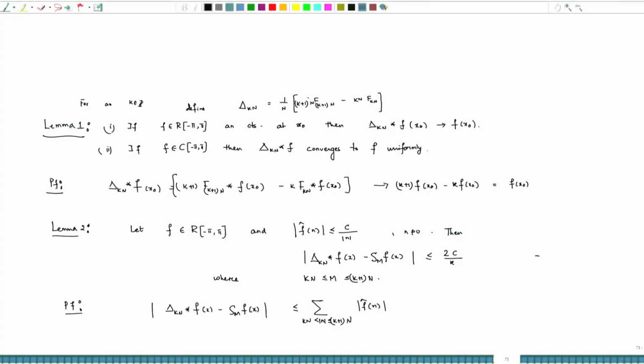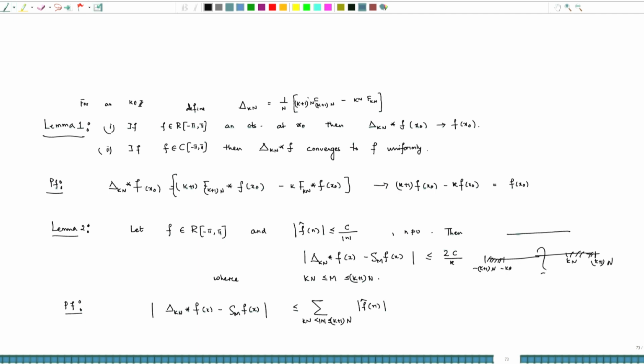In between minus kn to kn, S_m f is going to get cancelled, because delta_{kn} hat is just 1. So, only the remaining part is kn to (k+1)n, because that is where the delta_{kn} hat is supported, or minus (k+1)n to minus kn. Only this is going to contribute, because in this range delta_{kn} is nothing but the constant function 1. So, S_m will go away.